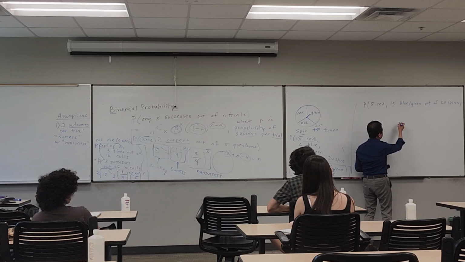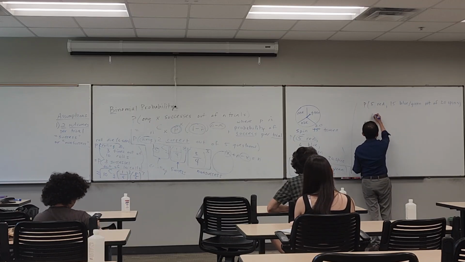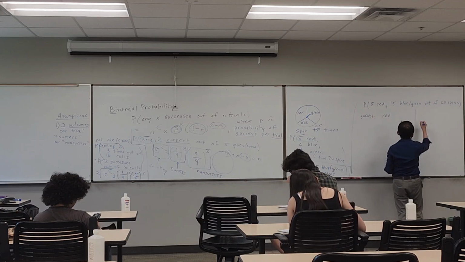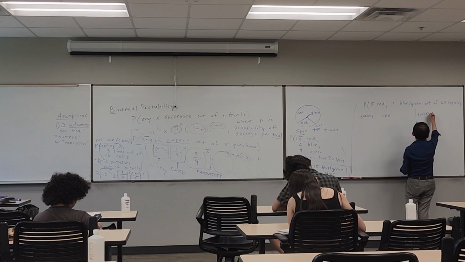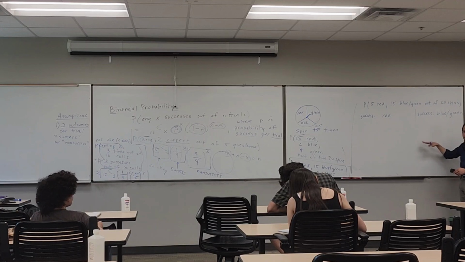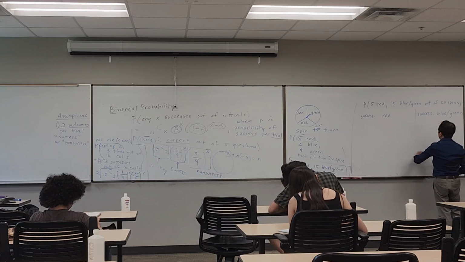So let's go ahead and separate it out into two cases: one where a success is red, and one where a success is blue-green. This is to show that you're going to get the same answer for the probability at the end. We're going to do it both ways to verify that.